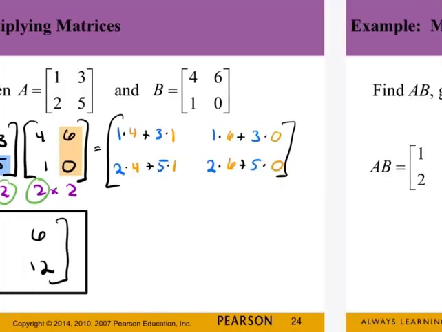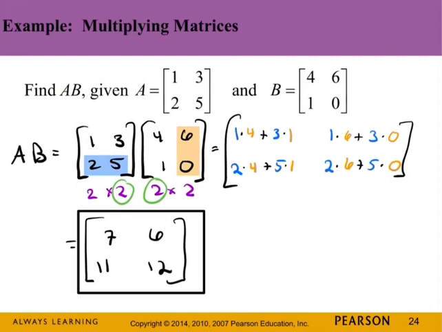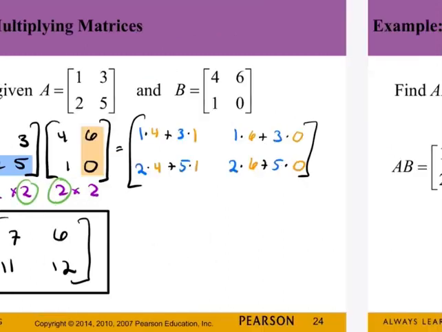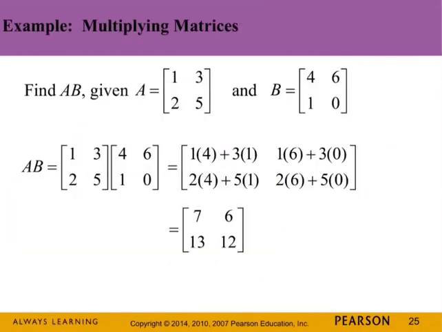Okay, we got 7, 6, 11, and 12. 7, 6, let's back up. 6 plus 5. Oh, that's a 4. Let me see. For that one, it should be 2 times 4. What? 13. 6 plus 5 is 11. That's definitely not right. 8.